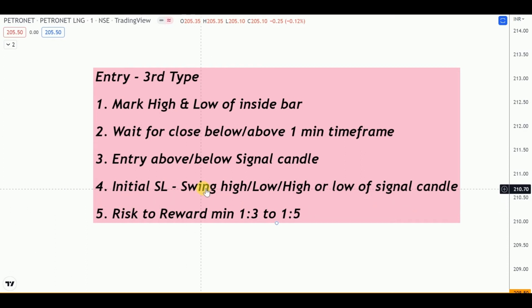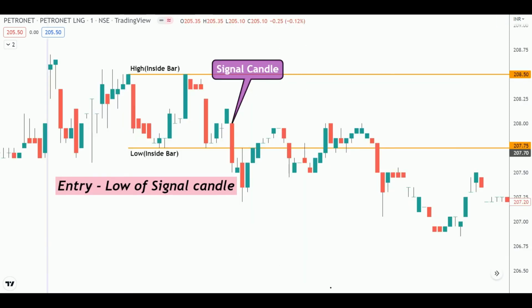The first one is the swing high or low, or the high or low of the signal candle, or we can also add one more point, that is the high or low of the inside bar candle. So let's see this on the charts. We will see different ways of putting the stop loss order for this entry method.